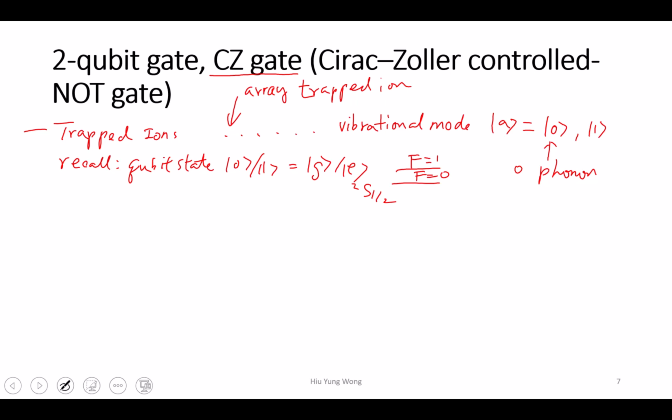What does F stand for? Frequency? No, it's the hyperfine structure quantum number. Yeah, the hyperfine structure. And both of these belong to S1/2. Whereas in spin qubits, we applied a magnetic field to get the Zeeman splitting.